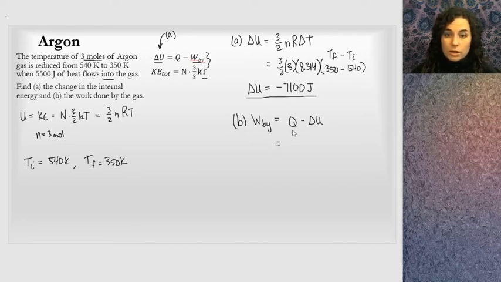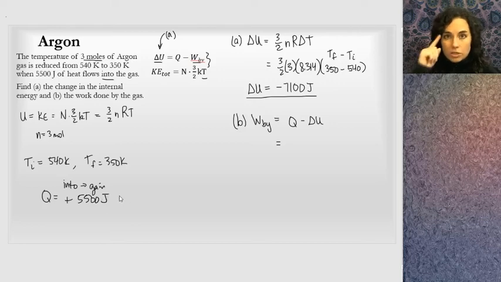Q, I know, it says when 5,500 joules of heat flows into the gas. So I'm going to write this out explicitly. Remember, it's flowing into, so that means it's a gain of energy. So we're going to have a plus 5,500.